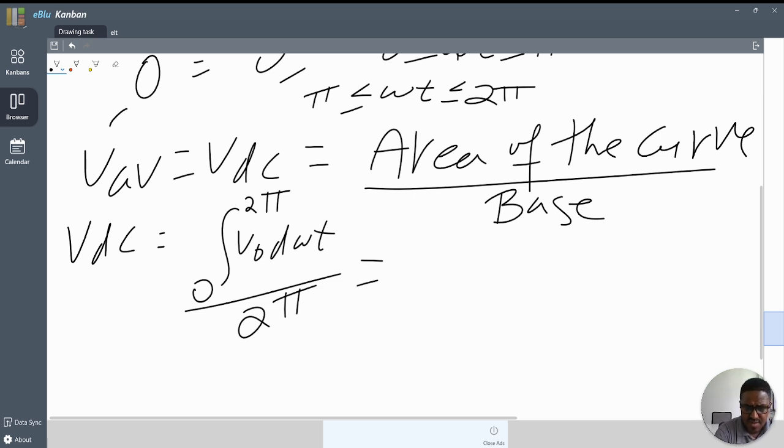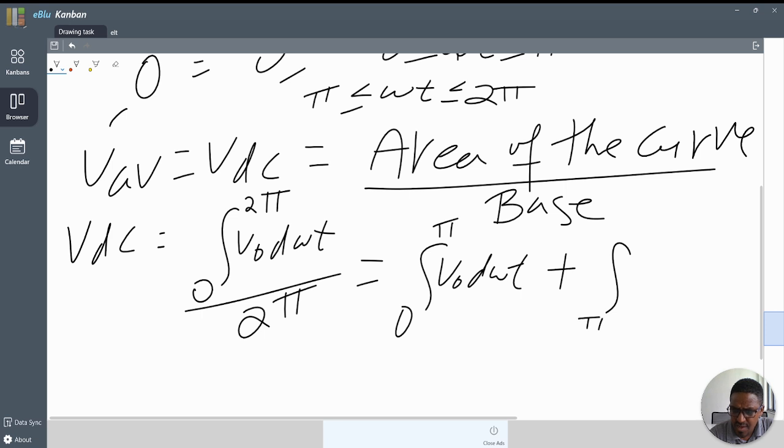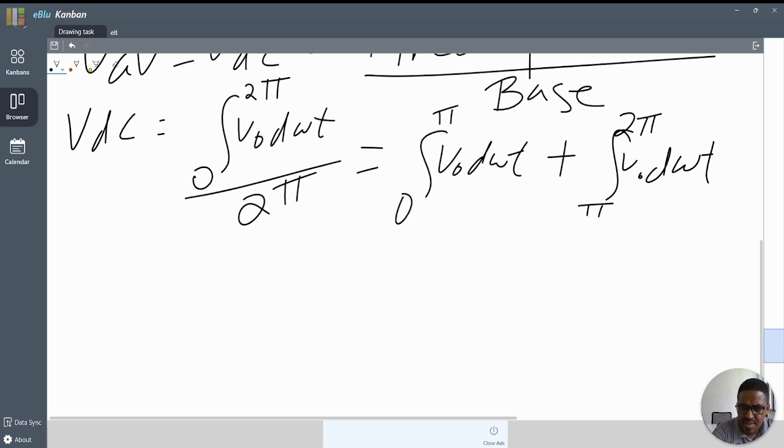When you expand this derivation, from 0 to pi V out d omega t, plus from pi to 2 pi V out d omega t, that is all over 2 pi.